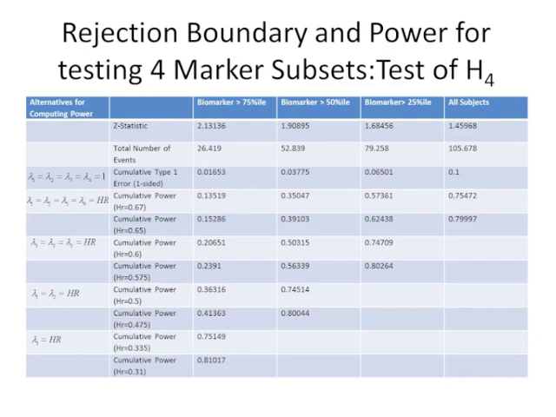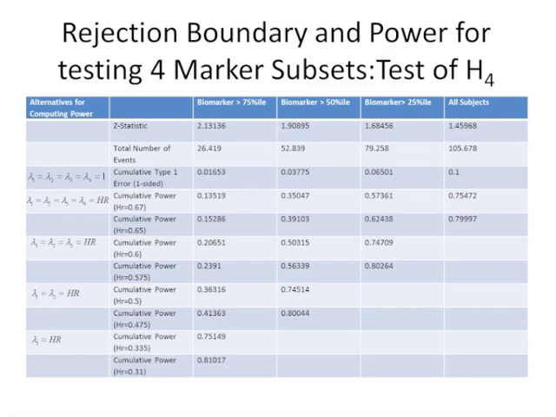The third row of the table presents the type 1 error for the procedure. In this case, starting out at 0.016 for the test of subjects with biomarker expression greater than the 75th percentile, and increasing to 0.1 overall for the cumulative type 1 error across the test for all 4 marker subsets. The remaining rows of the table present the power under various assumptions about the hazard ratios in the marker subsets.